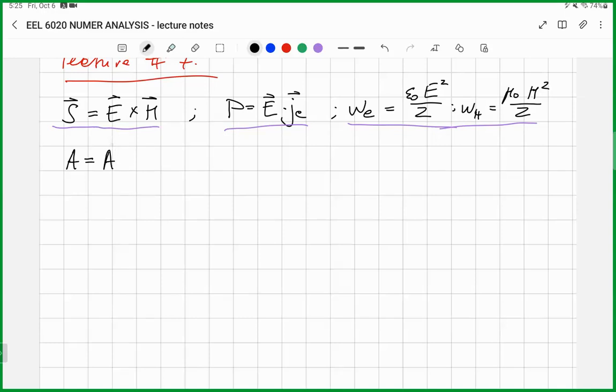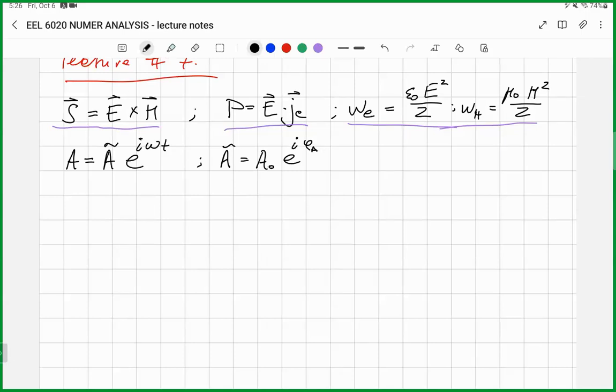of this form: A tilde e to the power of i omega t, where A tilde is a complex number which gets the amplitude of the quantity, A naught, times e to the power of i phi A. So it's a phase.